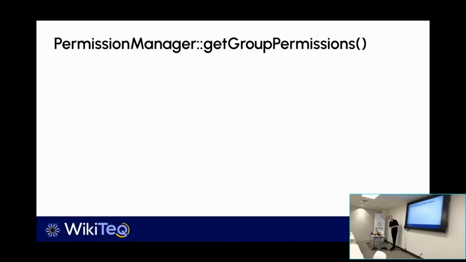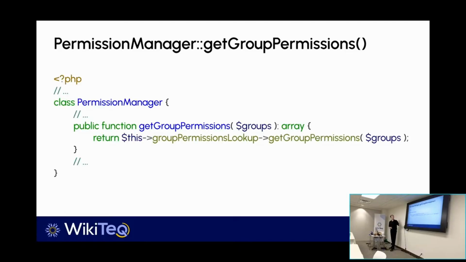And now let's look at the content of the actual get group permissions method. If we ignore some stuff around it, here is the entirety of the logic to get group permissions. It's just calling some other service with a similar method. So rather than needing to hack the entire permission manager, we just need to hack that group permission lookup. And that's what we're going to do.